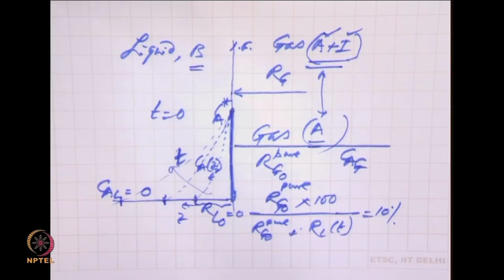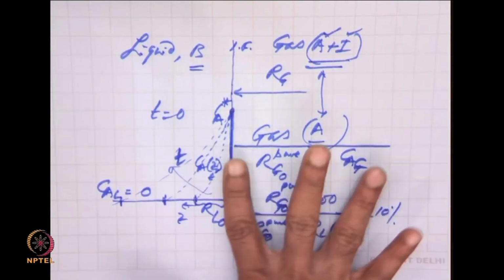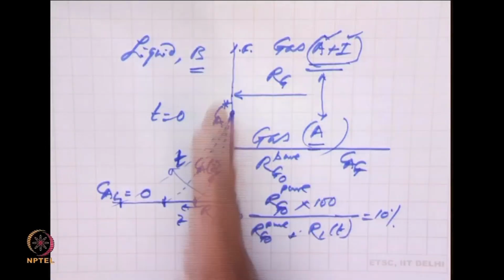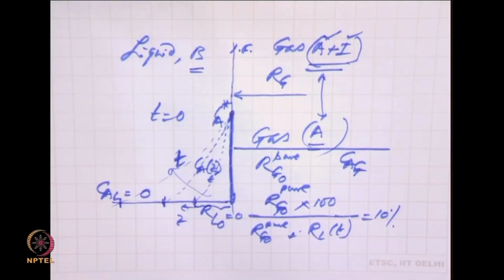So for all practical applications where contact times are of the order of a few seconds at the least, maybe tens and hundreds of seconds in some cases, that initial flicker is not important. That initial moment where the gas phase resistance is important is not of significance in practice. So if you have pure gas, we could safely say that gas phase resistance can be neglected. It is the liquid phase resistance which can come into the picture, maybe the interfacial resistance.